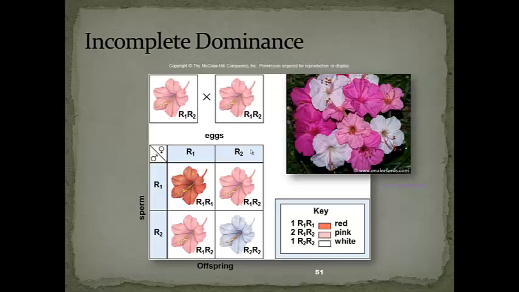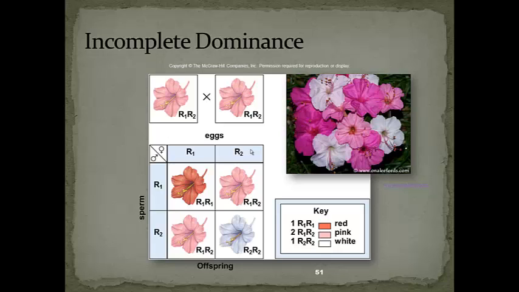Now, sometimes what you get actually is a middle ground. Incomplete dominance is where the dominant allele does not fully mask the recessive allele when they show up together. Okay, this is our go-to organism. It's called a Japanese four o'clock.